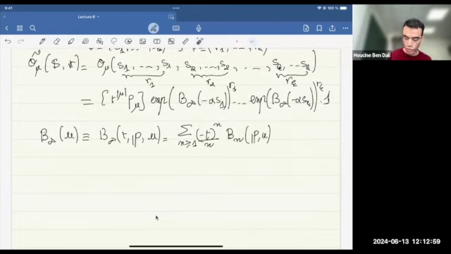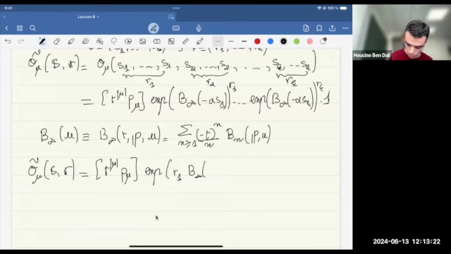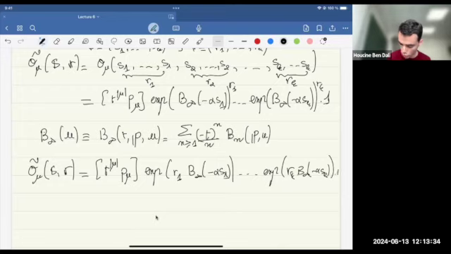We put these Ri's in the argument of the exponential, and all this is applied to 1.